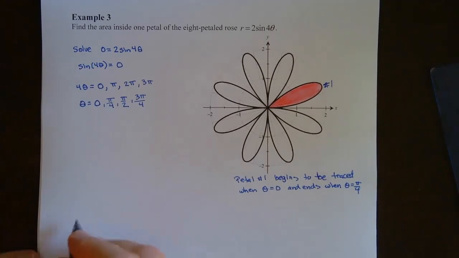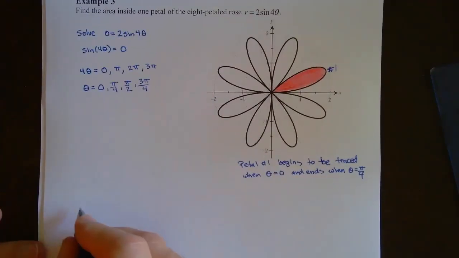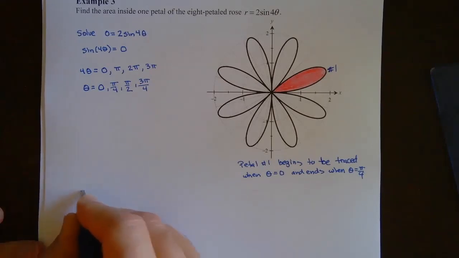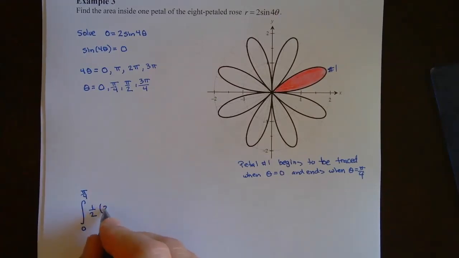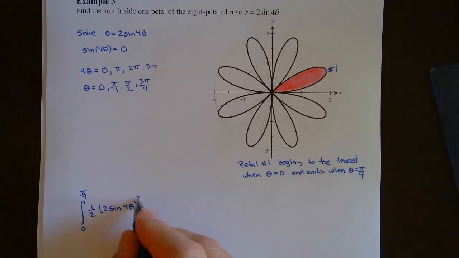All right, so we are going to set up an integral. It's going to be from 0 to pi over 4, and it's 1/2 my radius squared, and my radius is 2 sine 4 theta, so 2 sine 4 theta squared d theta.